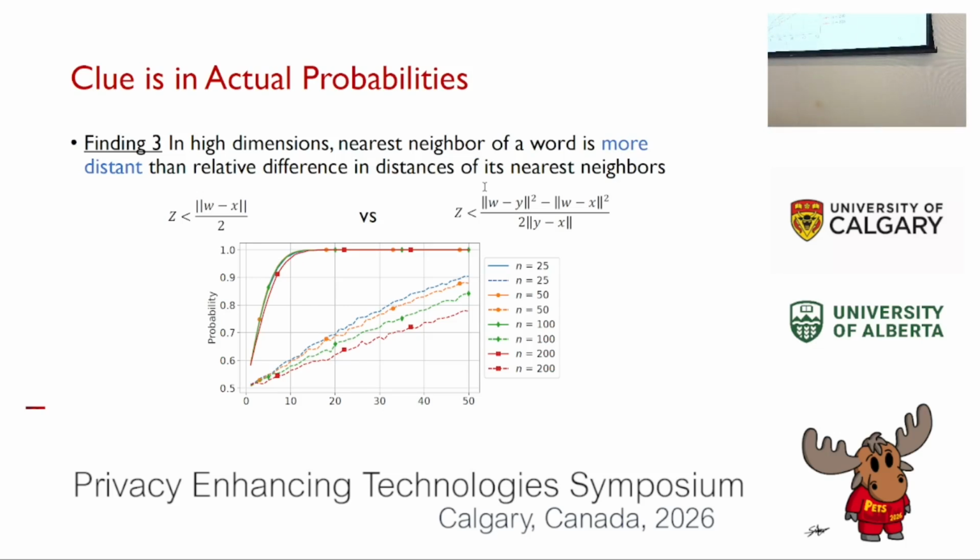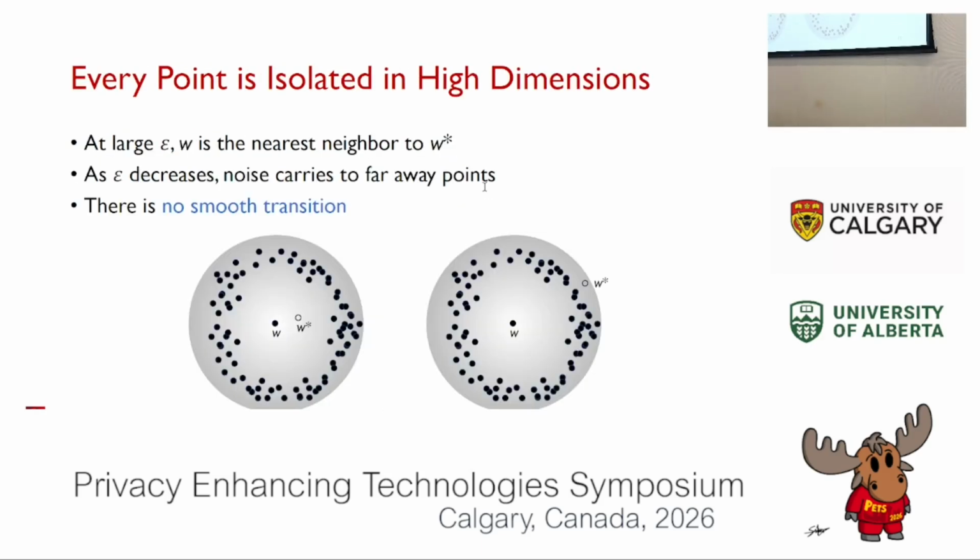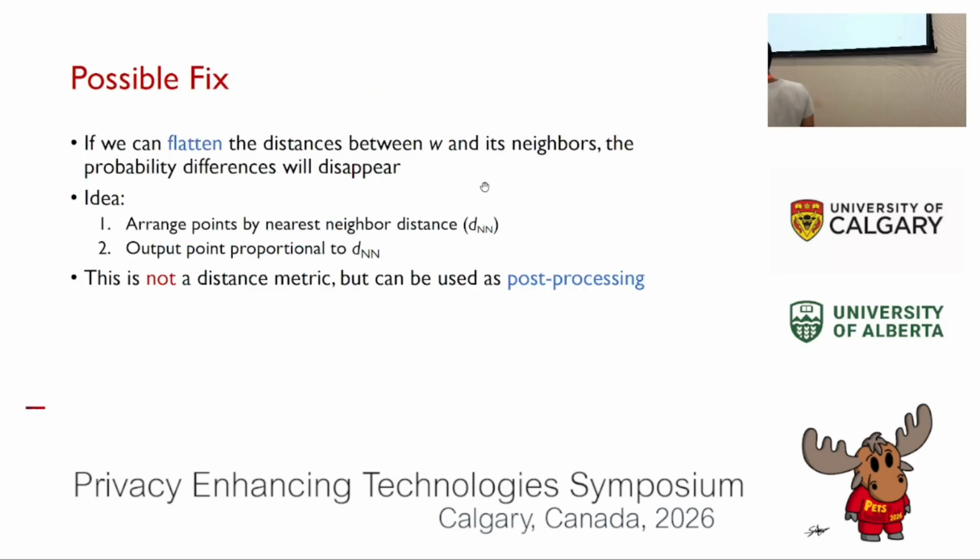Which means what happens in high dimension is every word is isolated. So with large epsilon, we would perturb it to a vector whose closest neighbor is the word itself. As we decrease epsilon, the noise carries it to a faraway place where all the different words, not just the neighbors, are located. So we don't get any smooth transition.